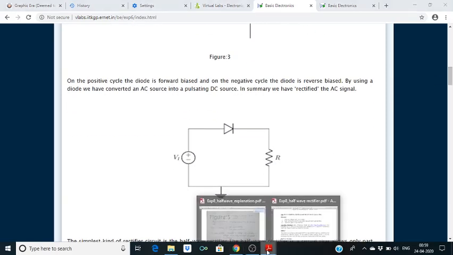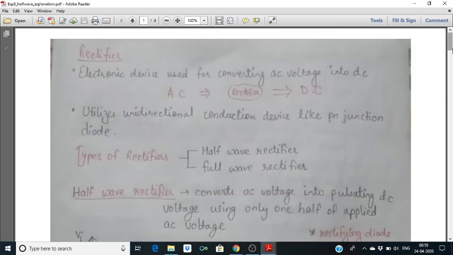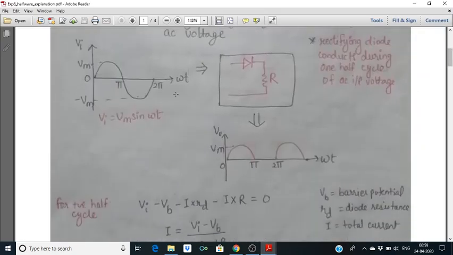So now we can see that this is the input voltage. Vm is its maximum value, and when we pass it through the half wave rectifier, it converts into pulsating DC.